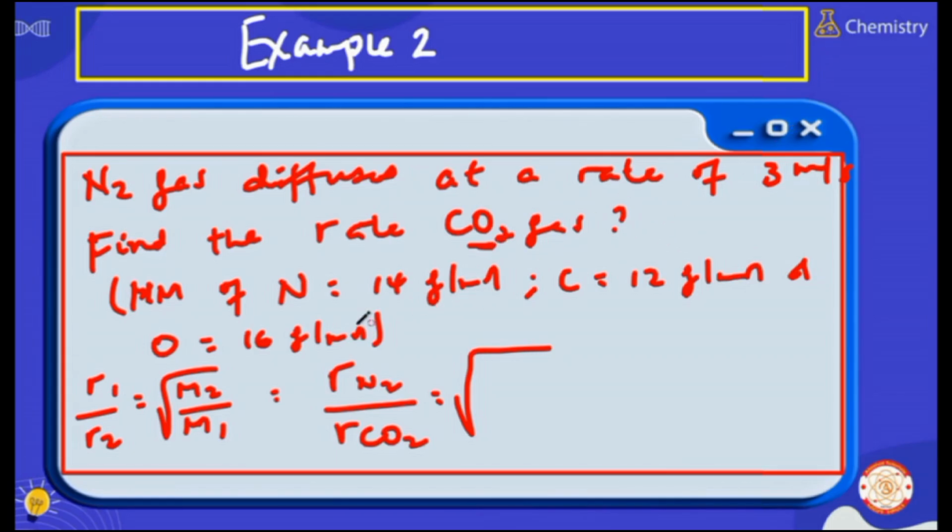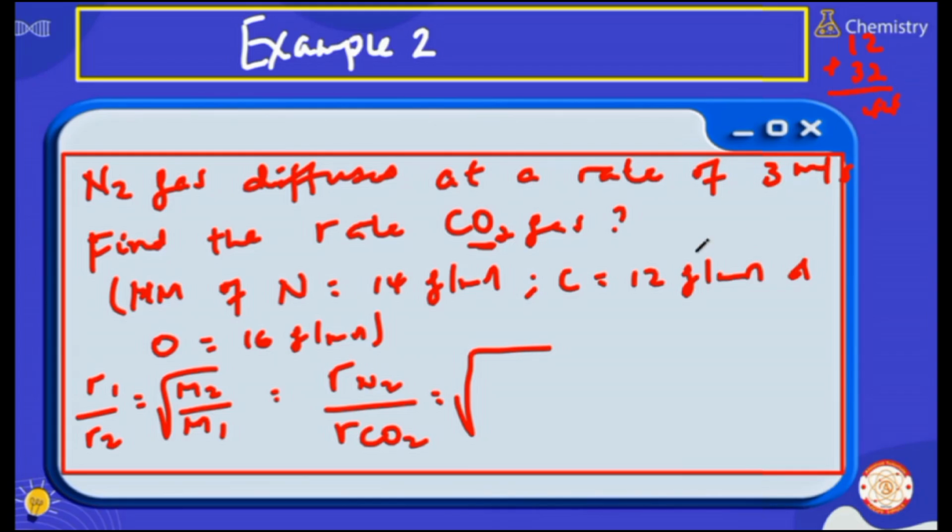Now, how do you calculate molar mass of carbon dioxide? Carbon has a molar mass of 12. So because we have 1 times 12 is 12, plus oxygen, its molar mass is 16, and we have 2 of them, right? 2 atoms of oxygen. So we have to multiply it by 2. So 2 times 16 is 32.